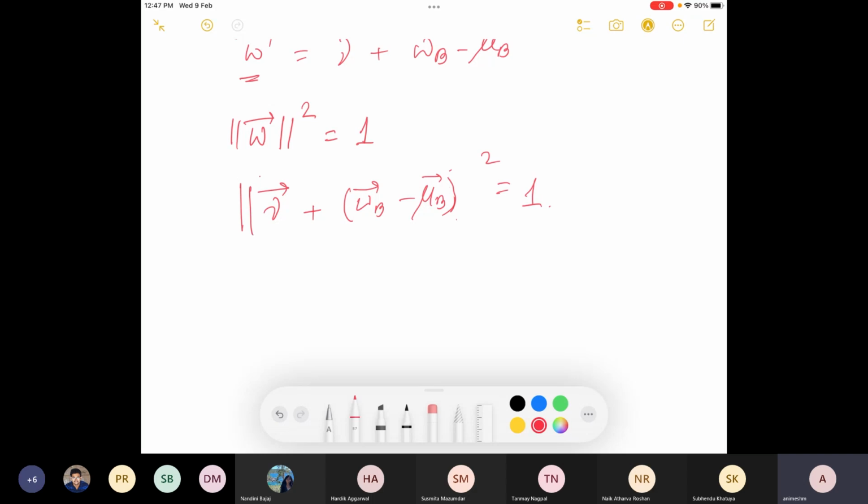Typically do not put brackets. The norm sign is enough. So when I square this, what should I get? What is A plus B square?